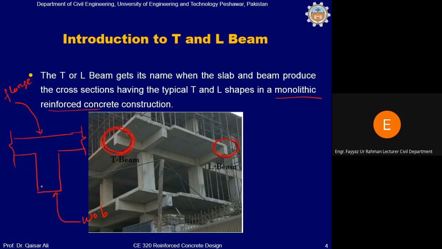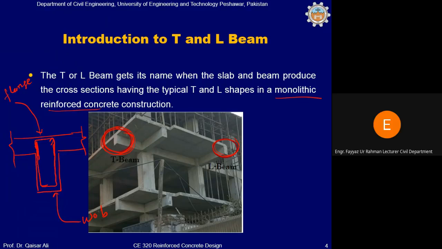Clear? So since normally the stirrups provided in the beams are continued into the slab like this, okay, since there is reinforcement continuity here at the junction, therefore it will form a monolithic connection between the web and the flange. Clear? And that is why it will be called a flange of the beam. Clear? Yes, sir.